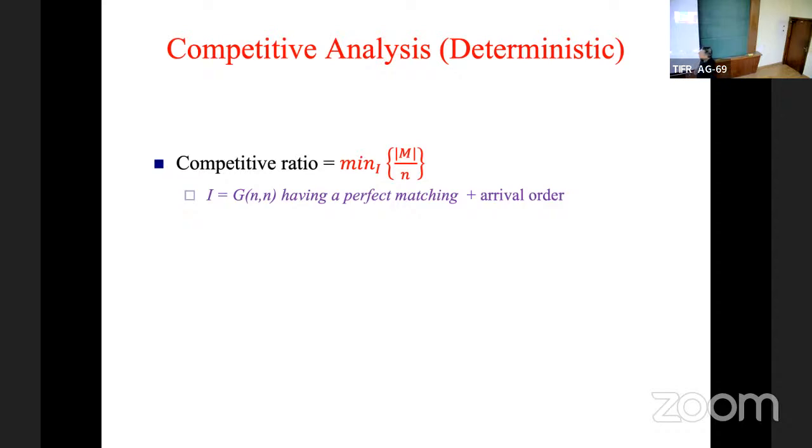Okay. Awesome. Okay. So the instance, by the way, also includes the arrival order of the buyers. So look at the worst case graph, underlying graph, and arrival order, and we want to look at that competitive ratio like that. And another way to think about it is that there's an adversary that picks the graph and the arrival order. Okay.